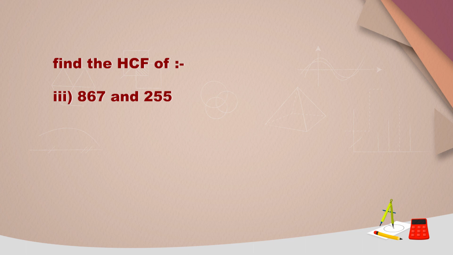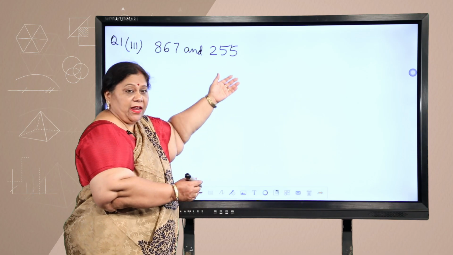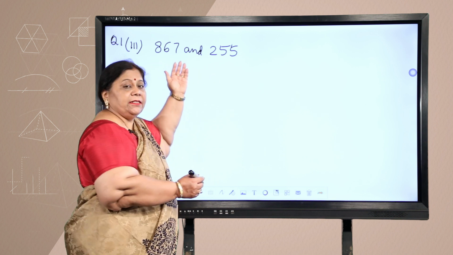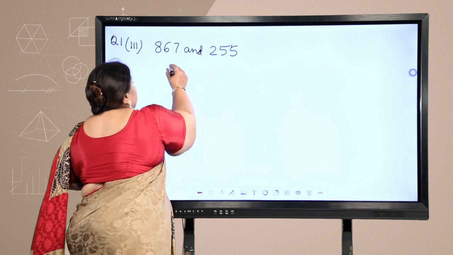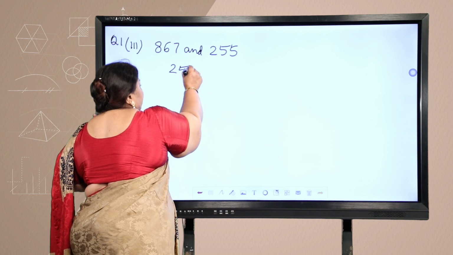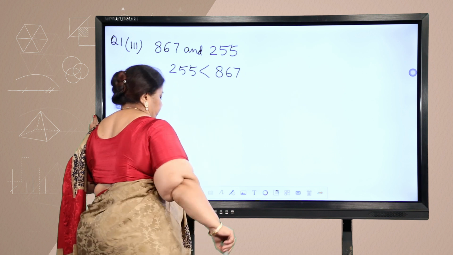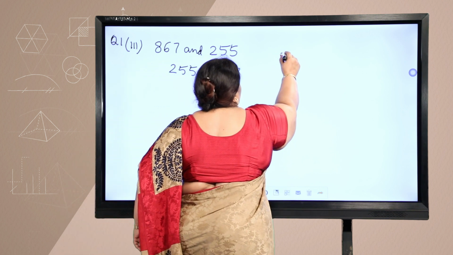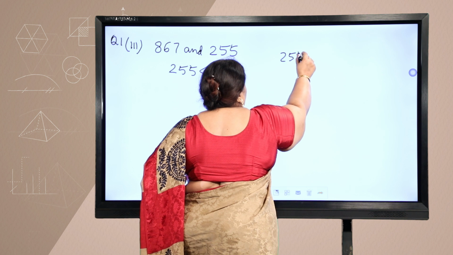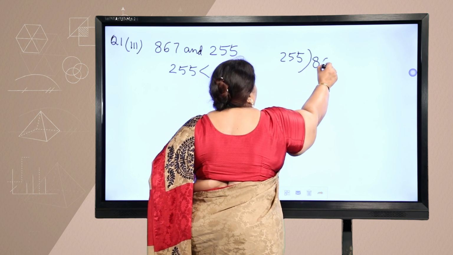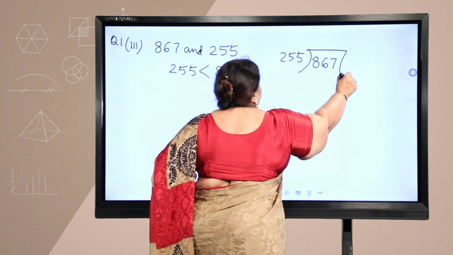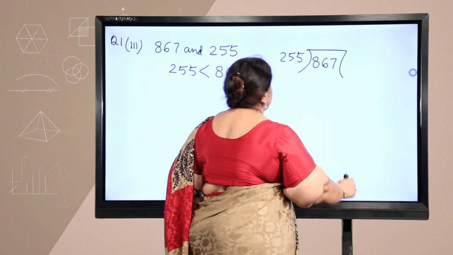Let us calculate the highest common factor of these numbers 867 and 255. As you can see, 255 is smaller than 867. Let us take this as divisor. Let us see how many times it goes.